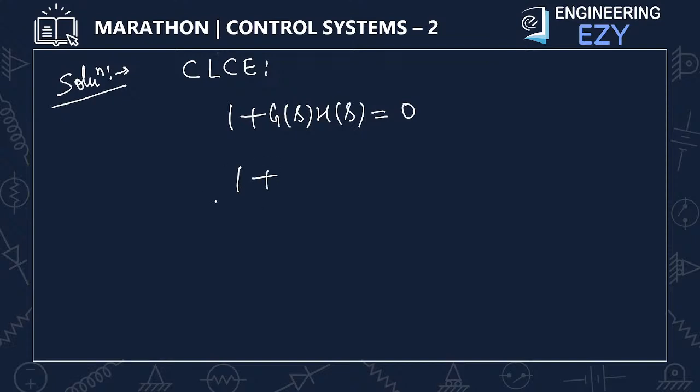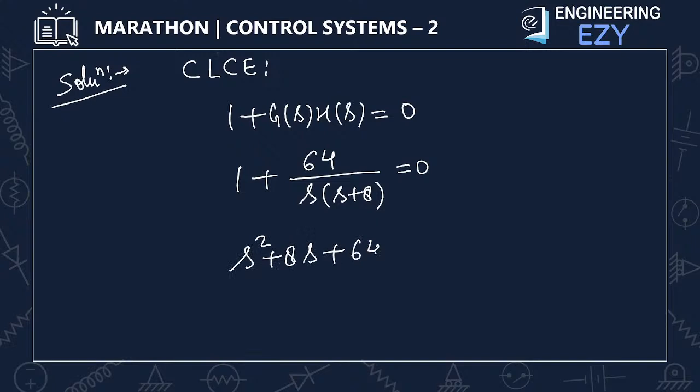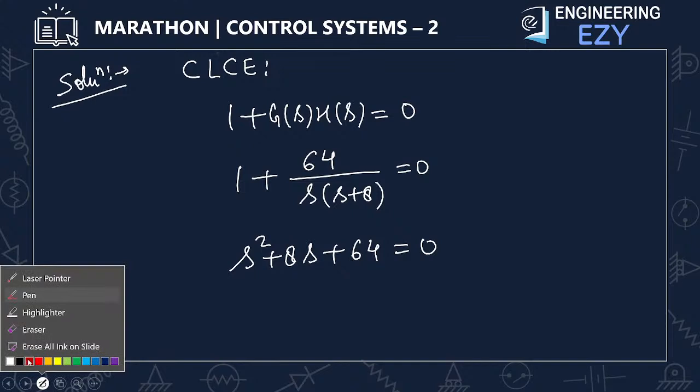I am solving, Prasanjit. Okay, zeta is correct. You have given the correct answer of zeta. So 1 plus 64 upon s into (s plus 8) is equal to 0. So it is s square plus 8s plus 64 is equal to 0. If you compare with the standard characteristic equation, what is the standard characteristic equation? Yes, Ashok, your answer is correct.